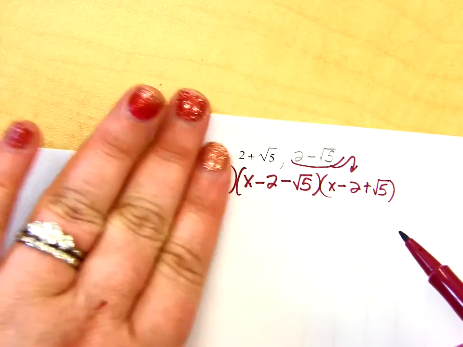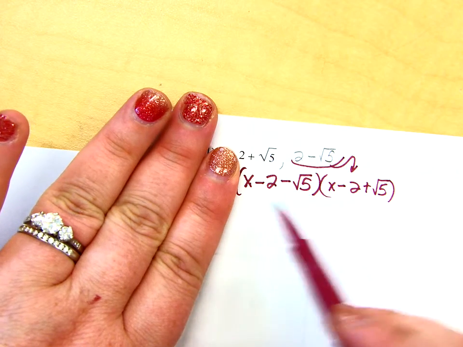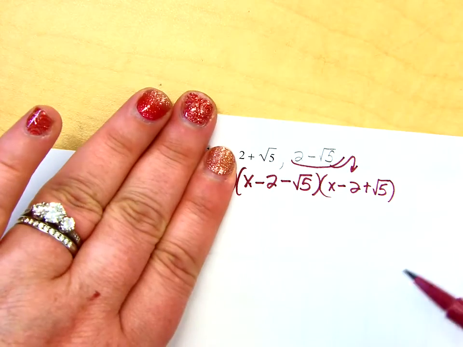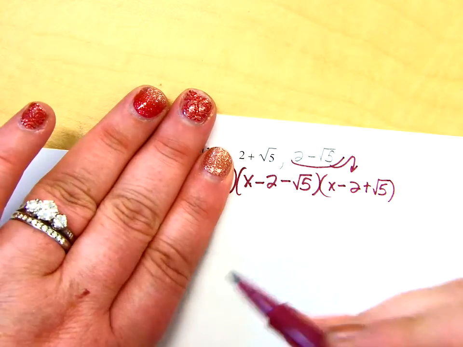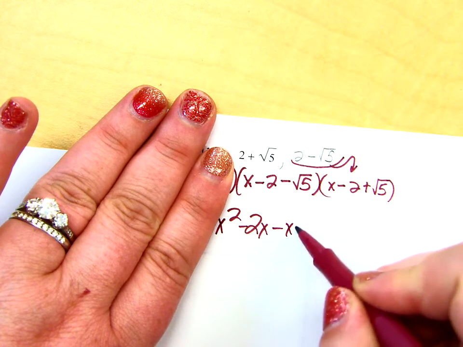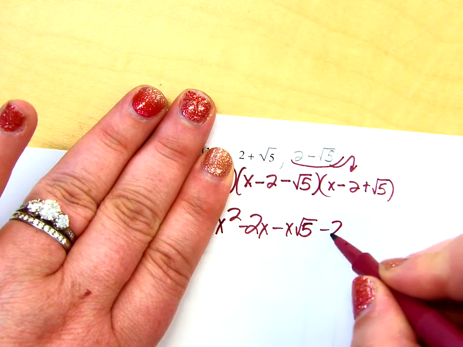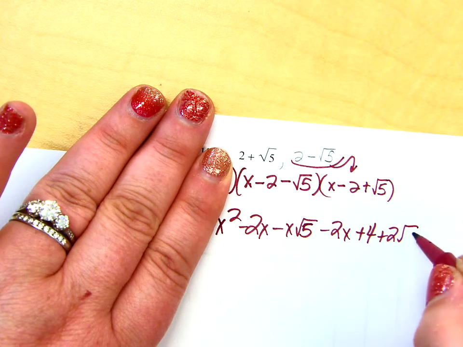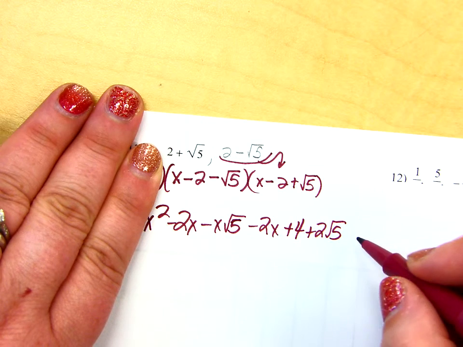So let's ignore the x minus 2 for that first factor. Let's just ignore it for a minute. Multiply these two together. Okay, I know it's a 3 by 3, but what are you going to do? So take a moment and we'll multiply these two together. You might need more space, sorry.